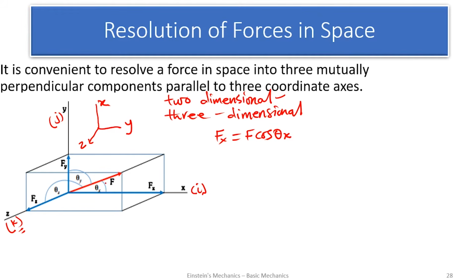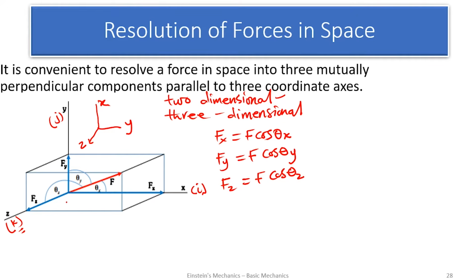And this same force, if I want to know its component on the y, I'm going to have F of y, which is the magnitude of the force cos theta y. The same thing, if I want to resolve this force on the z, I'm going to have the force on the z as the magnitude of the force cos theta z.